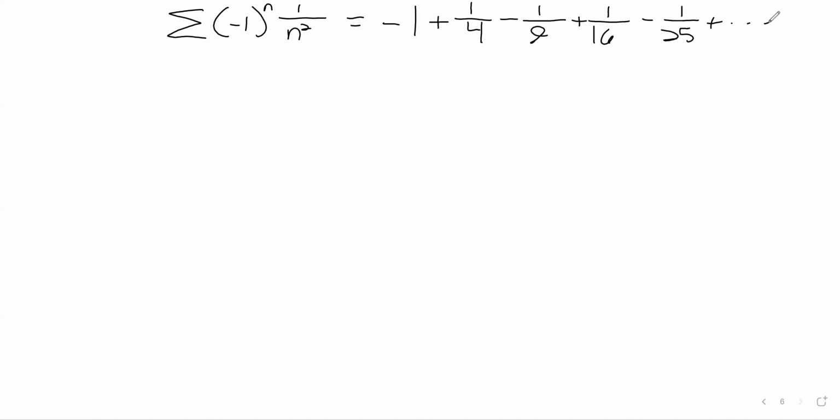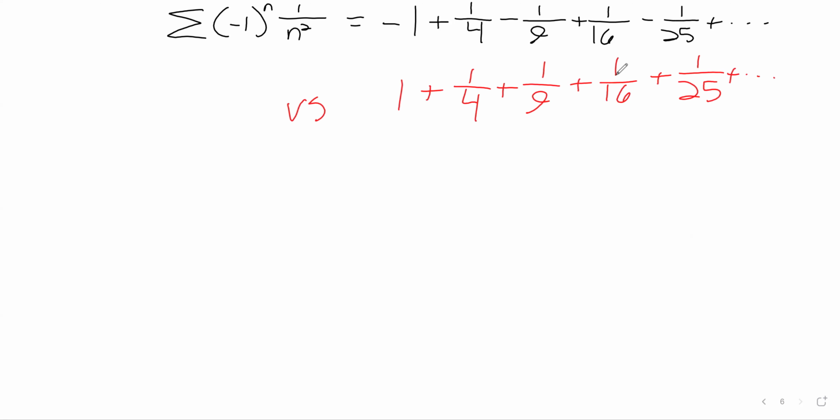Here we have some addition and here we have some subtraction, versus if we don't have those negative numbers, we only have addition. So I hope it's pretty clear that that first series should be smaller than that second series.